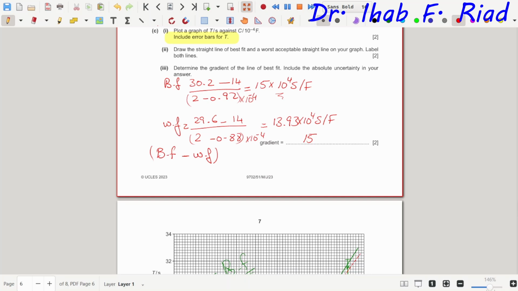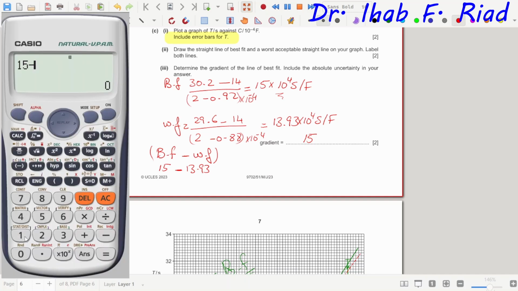What is the best fit value? It is 15 minus 13.93. Okay, do the math. 15 minus 13.93.